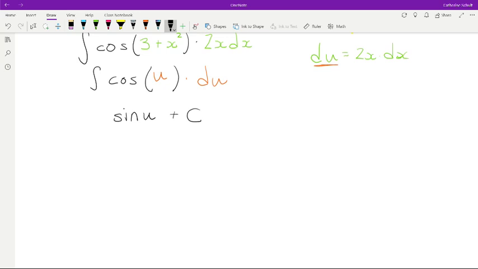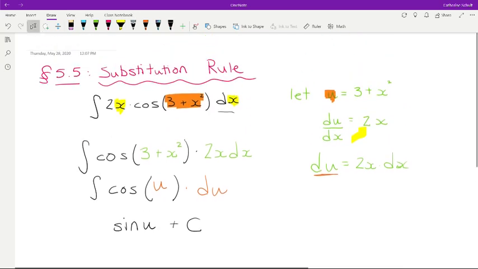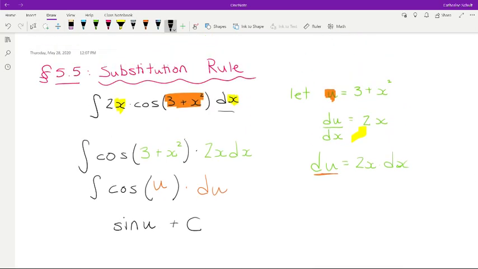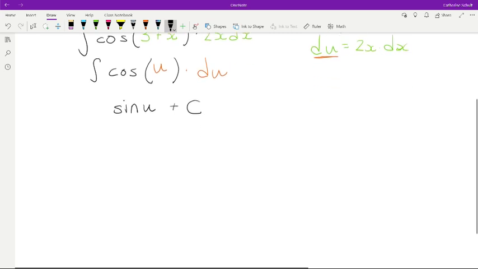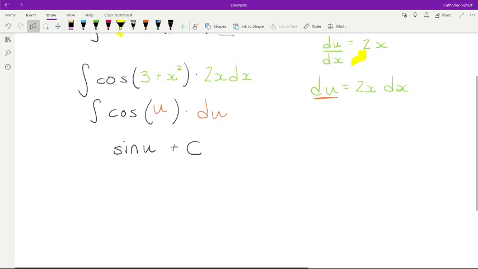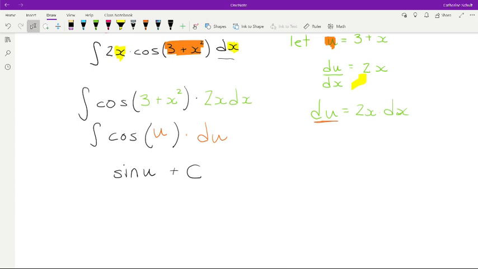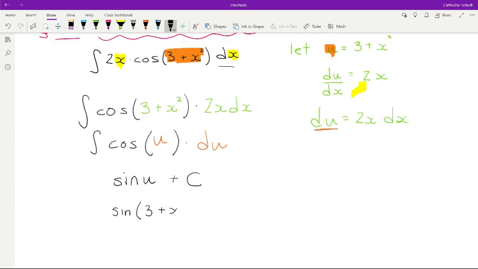And there's actually one more step because we started with something in terms of x, and now we have something in terms of u. So that's just bad manners. We want to end with the same variable we started with. So we're going to resubstitute that u is 3 plus x squared. And then plus c. And there you go.